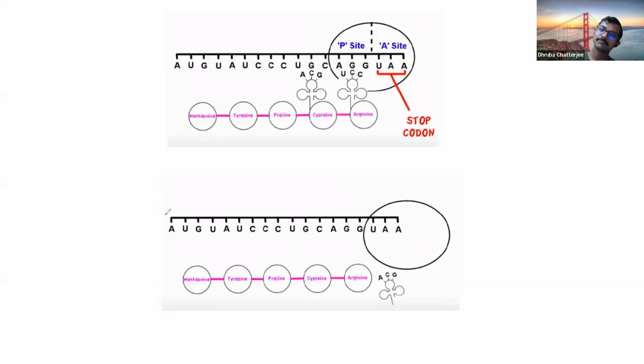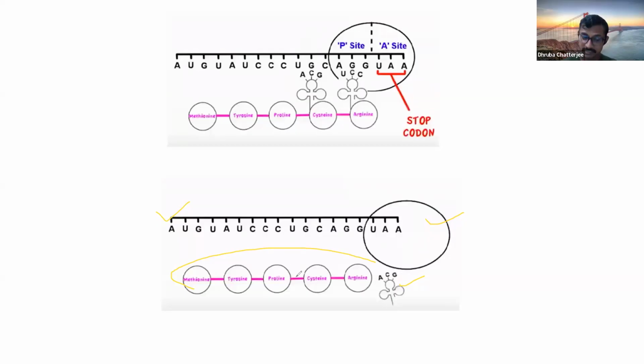Now we will come back to square one, to the stage where you began: you have the mRNA, you have the ribosomal subunits, and you have the empty tRNAs, which can be reloaded with amino acid residues. But now you also have this nascent polypeptide chain in your cytosol, which will now fold into its respective structure so that it can perform its respective function.